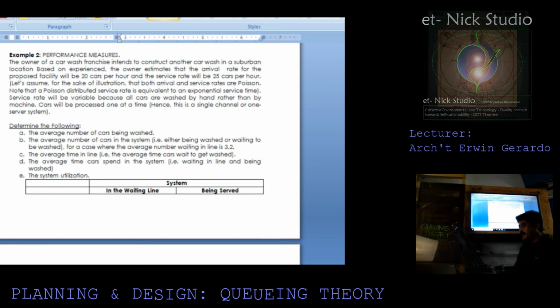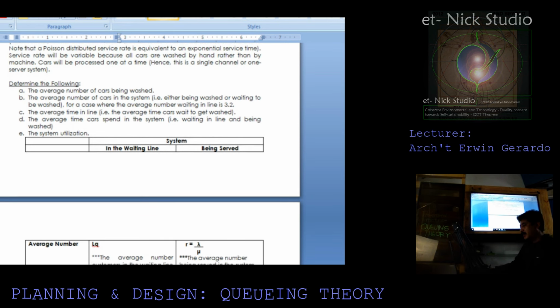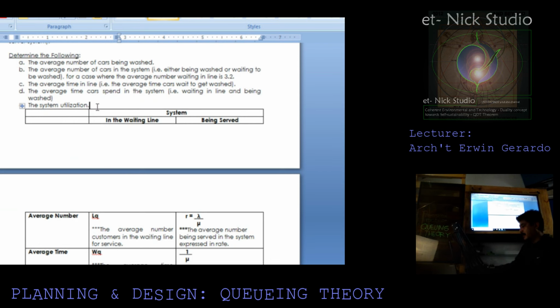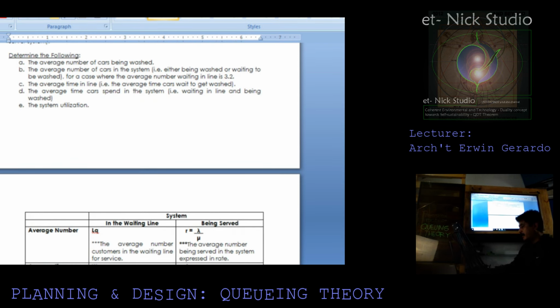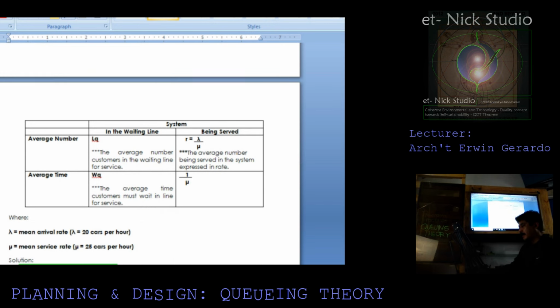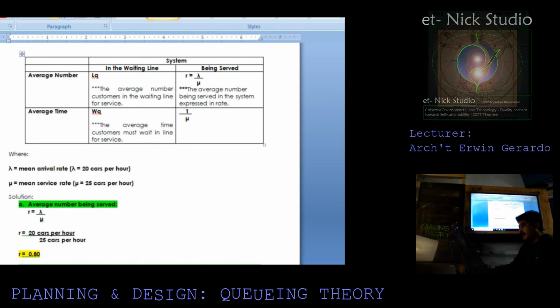Letter D, the average time cars spend in the system waiting in line and being washed. Then the system utilization, and the average number in the waiting line.